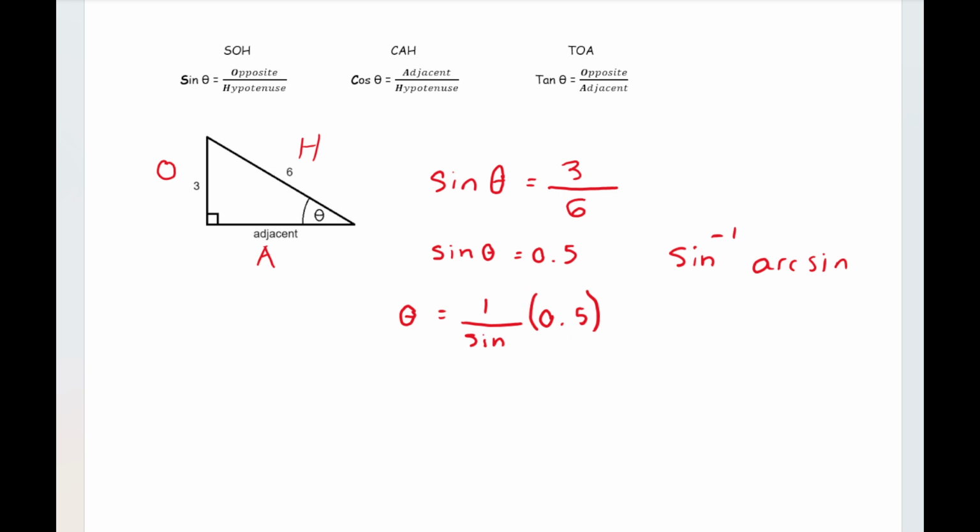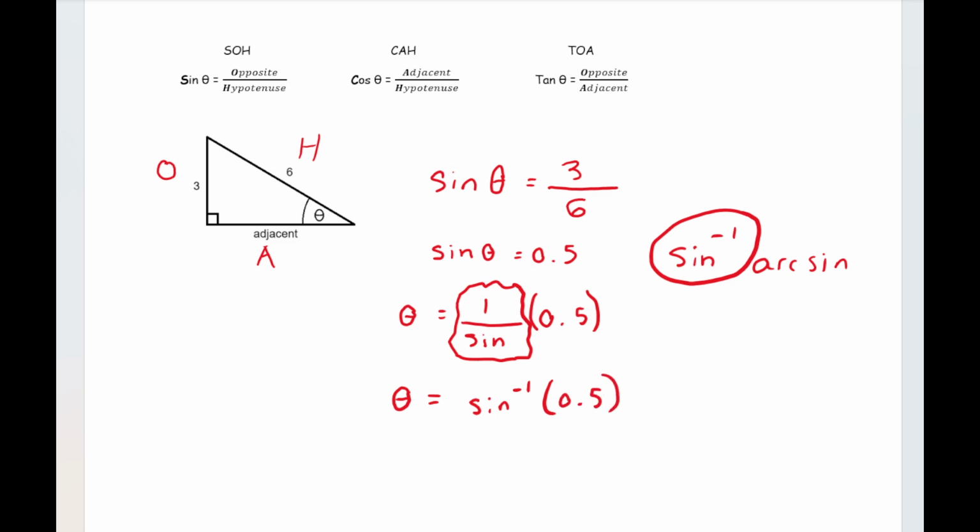Instead, when you have this expression here, you're simply going to replace this entire thing with the inverse sine, sine to the power of negative 1. If we swap that out with this, you'll get inverse sine times 0.5.